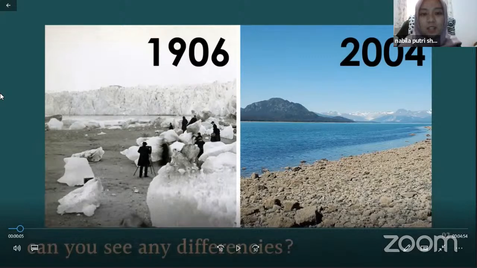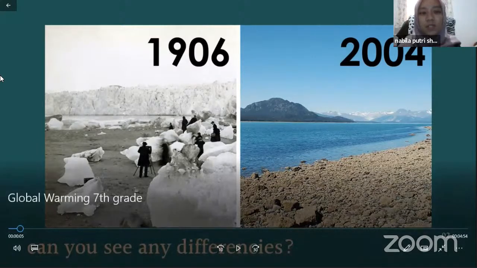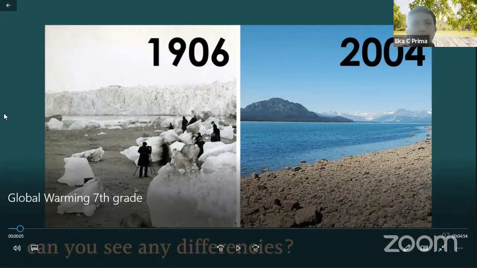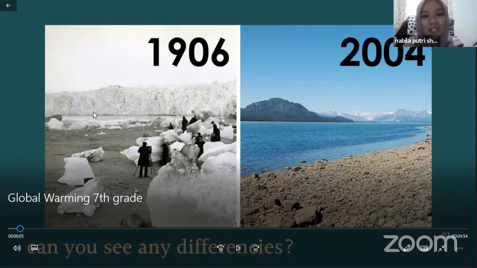Please observe. Do you see any differences between these two pictures? Please pay attention to this mountain, and also the amount of water, and the other parts of this picture. Do you see any differences?